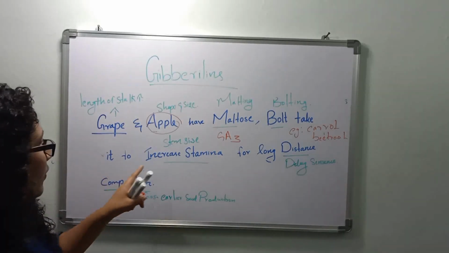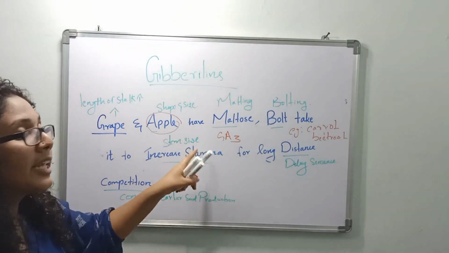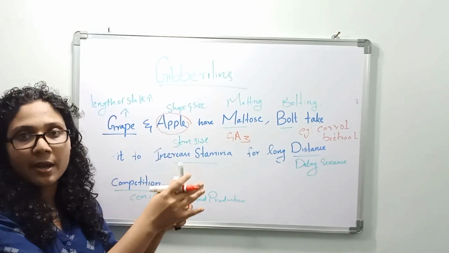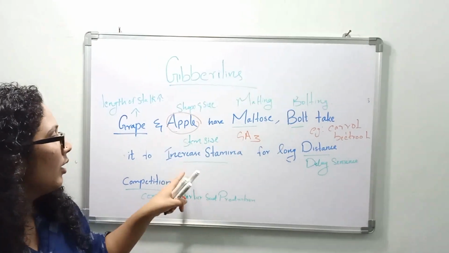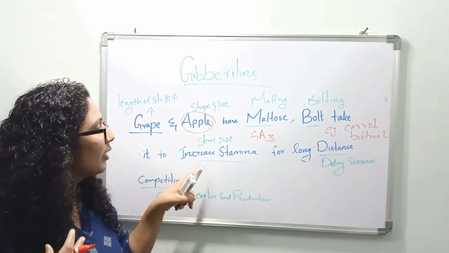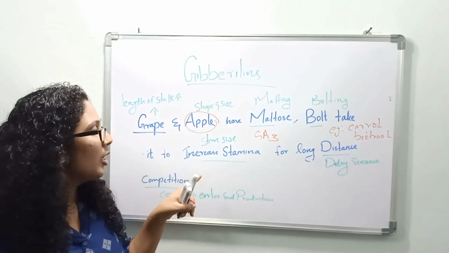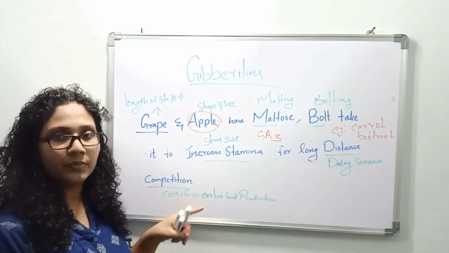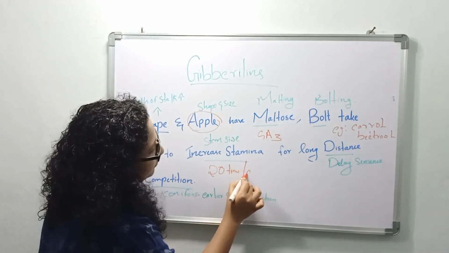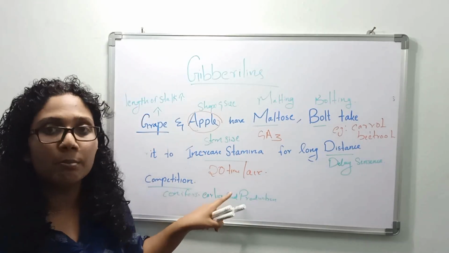And the next function of gibberellin is increasing stem size. The word stamina simply means increasing stem size of sugarcane. By the action of gibberellin, we can increase yield 20 times per acre. This is very important data.